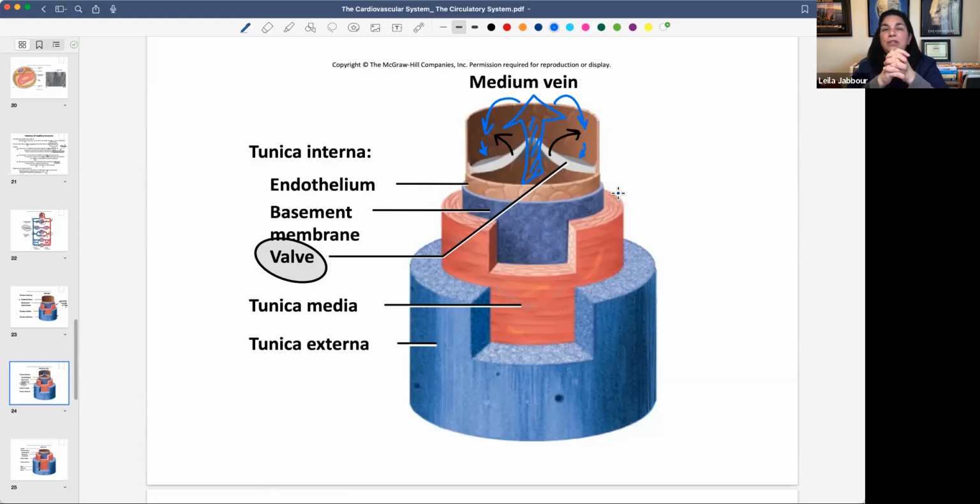So every time you take a breath, you're actually increasing your venous return. That's where I was getting at. Every time you do that, there's a squeezing of the blood upwards into the right atrium. There's blood going into the right side of your heart.